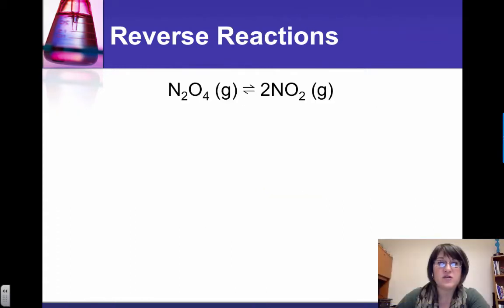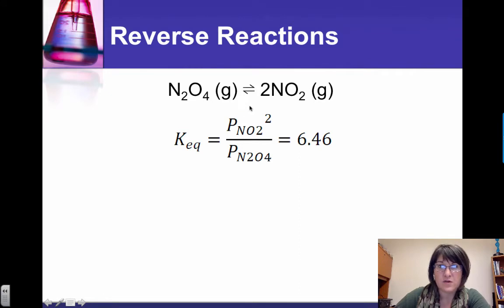So here's a reaction where dinitrogen tetroxide decomposes into 2 molecules of nitrogen dioxide gas. In the forward reaction, going this way, my value at equilibrium is 6.46.